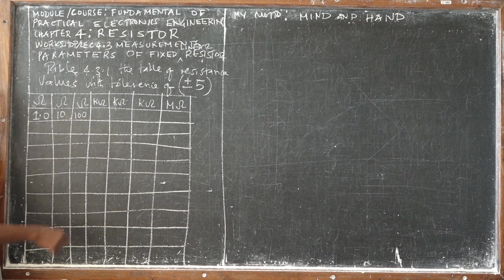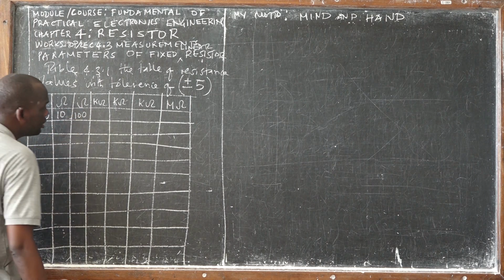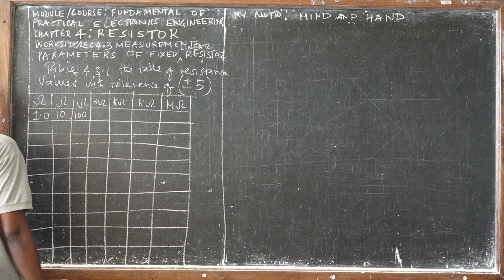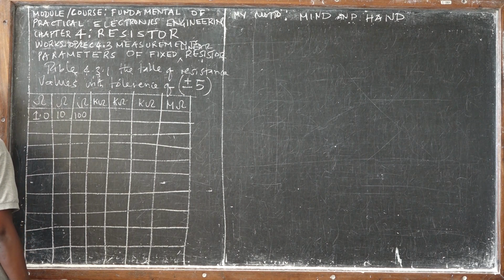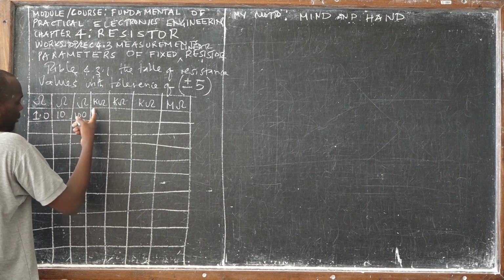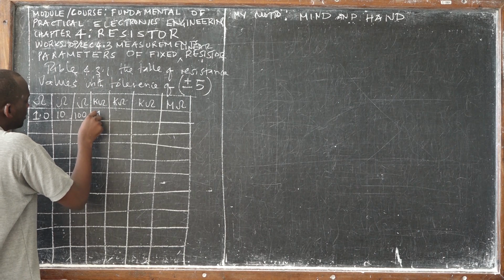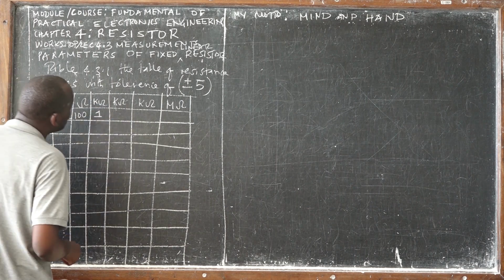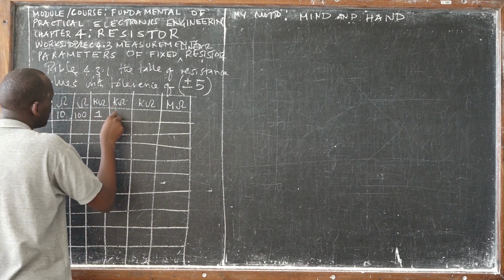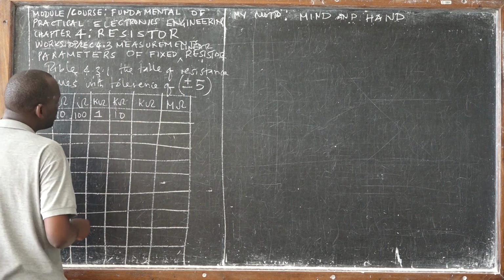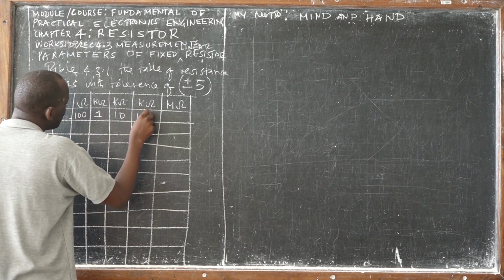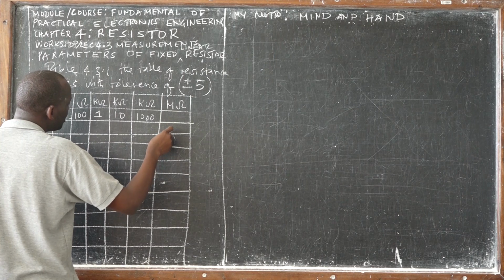Next is what? 1,000, while it is already in kilo ohm. 1. Here, next is what? 10. This one next is what? This means what?